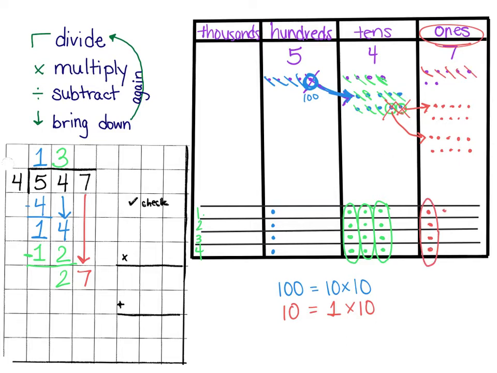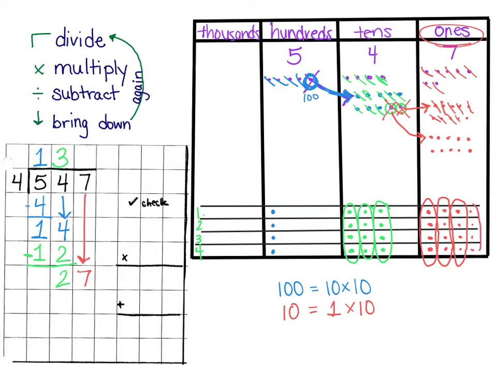And then keep going. 1, 2, 3, 4. There's another group. 5, 6, 7, 8. There's another group. 1, 2, 3, 4.